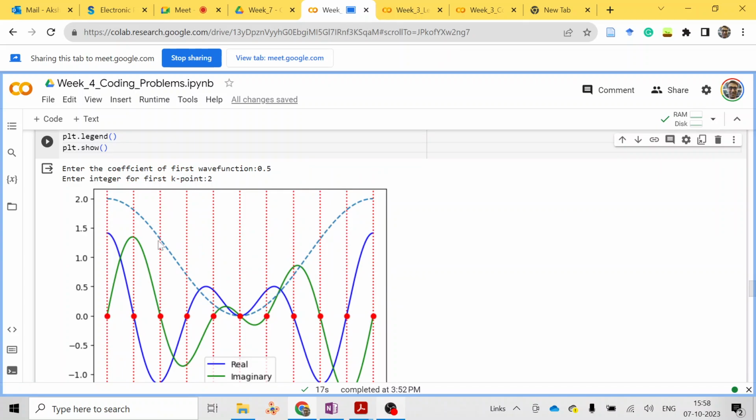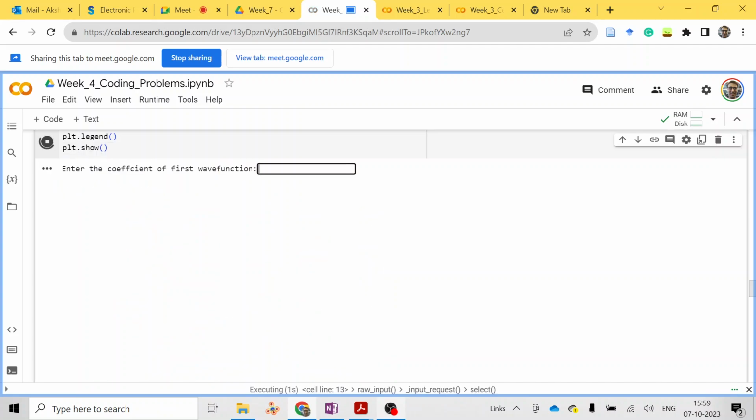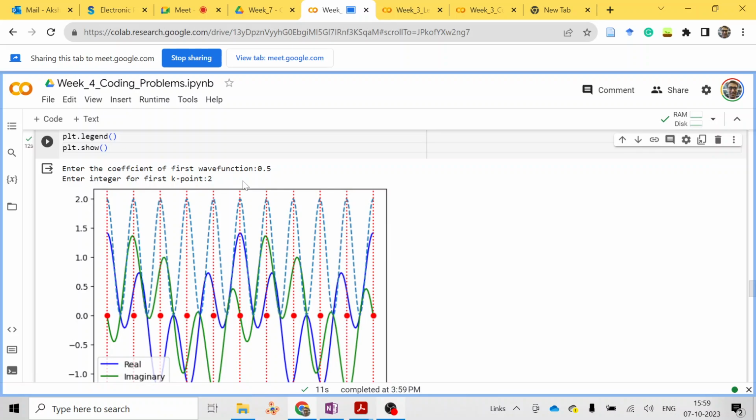So this is not the correct answer, basically. I guess this one shows the correct answer.